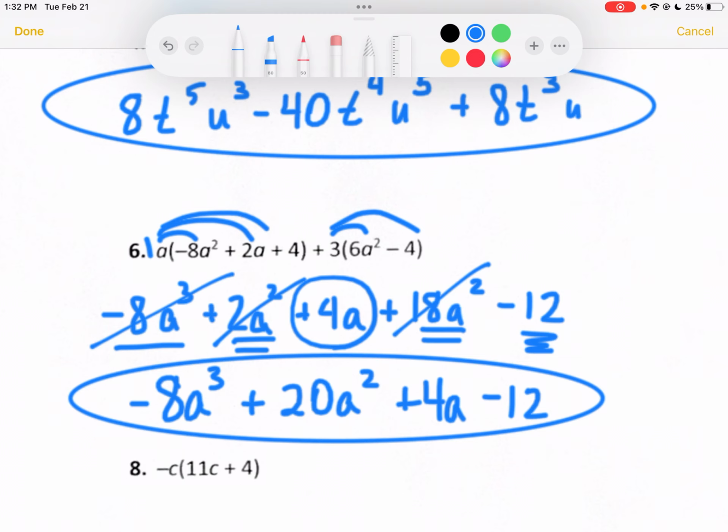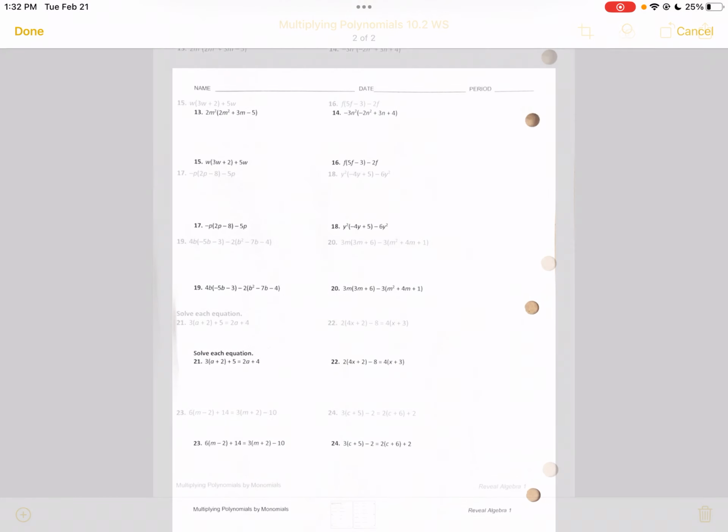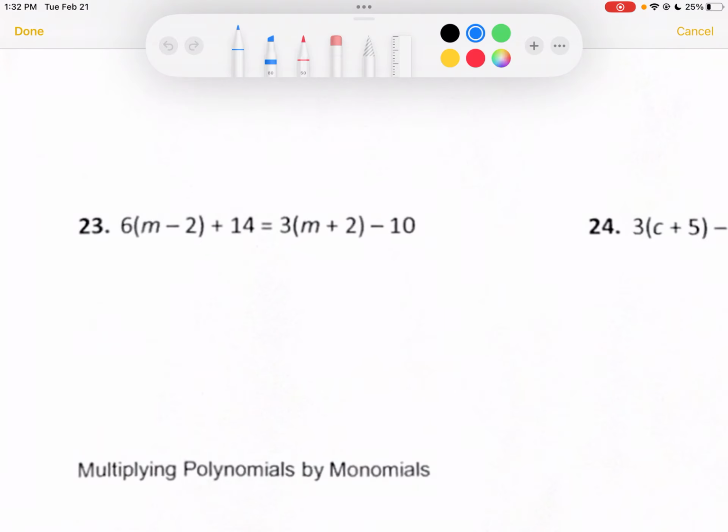Now the last thing I want to show you is on the back. Please turn to the back to number 23. On number 23, I'm going to distribute, but see we have an equal sign in here, so this is an equation. If I take 6 times m, I get 6m. 6 times negative 2 is negative 12.